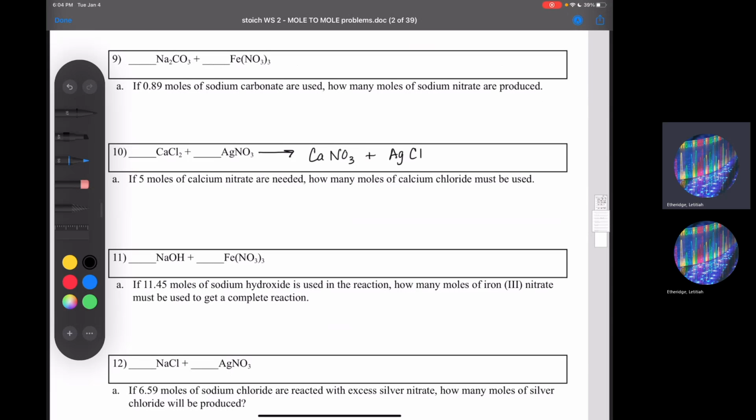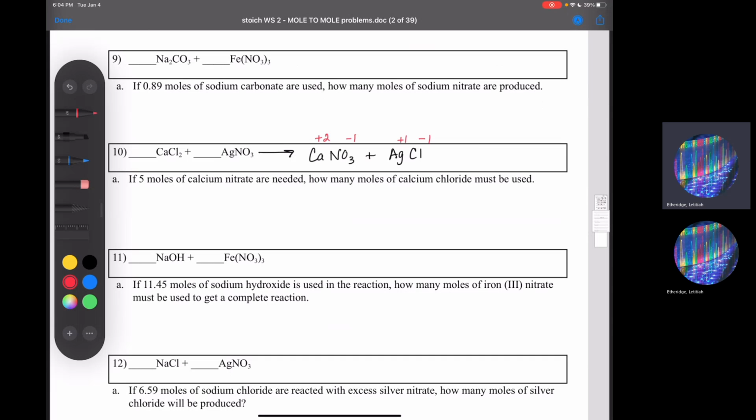Okay? Check your charges. Please do not forget this. Check your charges to make sure your formula looks the way it's supposed to. Charge on calcium is +2, nitrate is -1. Silver, transition metal, remember it's an exception, it's always +1. Chlorine is a halogen, it is always -1.